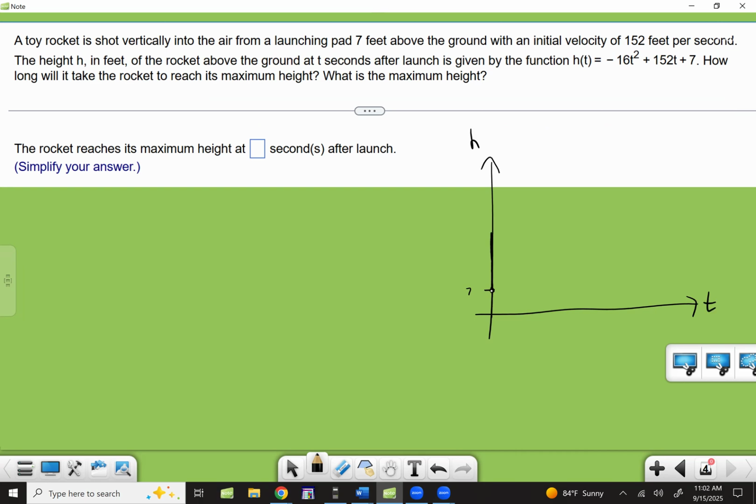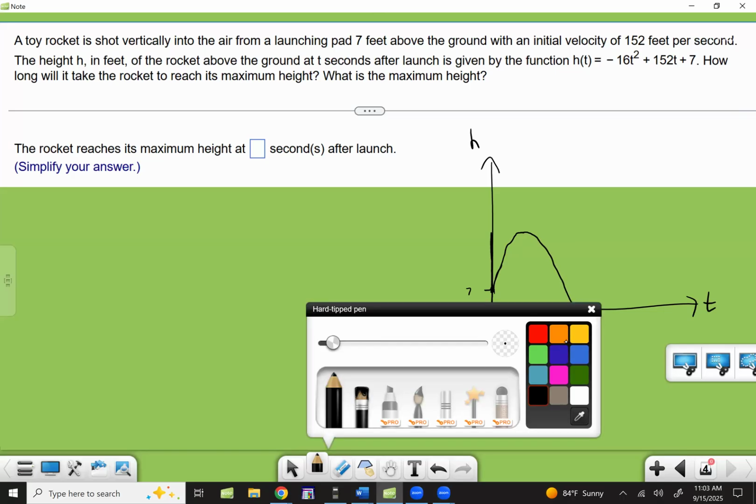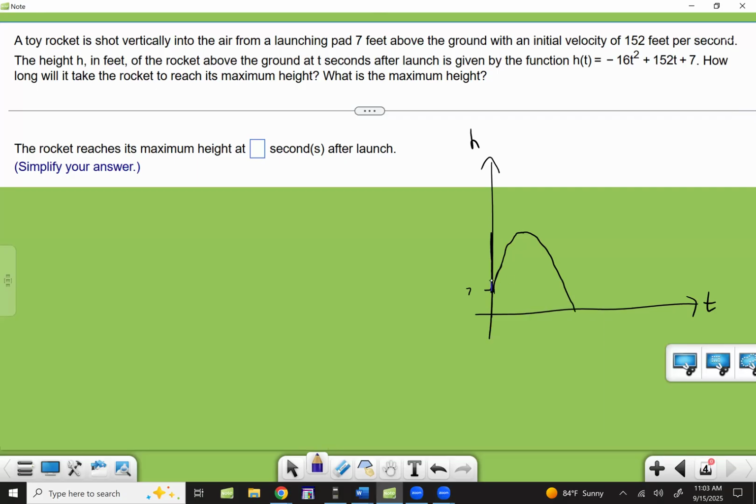So really what happened is I started here, I went up to about here, and then I dropped back down to the ground, right? Okay, now that's not the movement I just graphed. The movement was this, up and back down. But I have to show you the movement spread out over time. So that's what this parabola is. It didn't take this path, the blue path, but we spread it out over time.